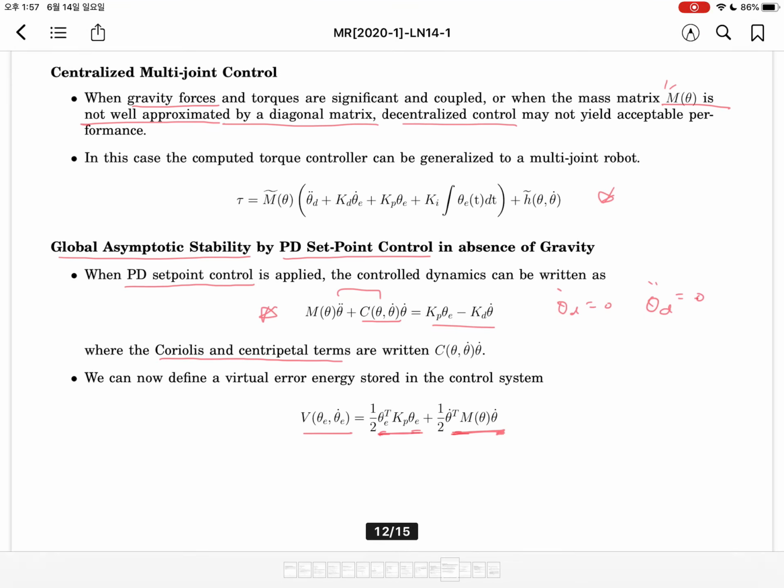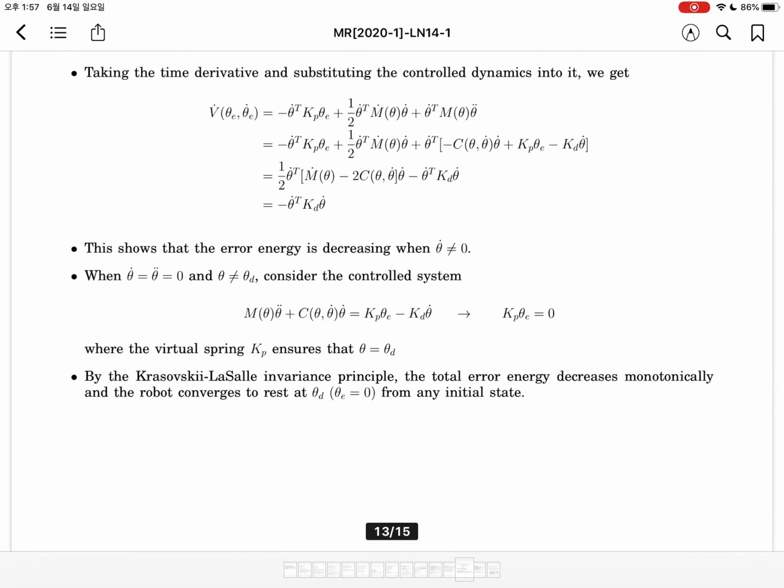Let's take the time derivative of V to check whether the energy is reduced or not. So V dot. By taking a time derivative, this term appears 2 times, so 1/2 disappears. And then theta double dot appears twice, so 1/2 is removed, and the M dot will appear.